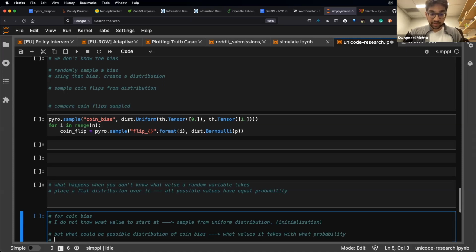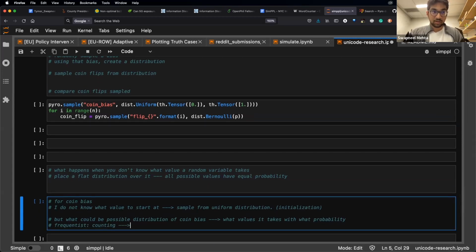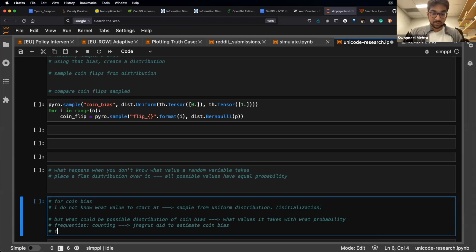In a frequentist way, counting is what Jagrut did to find the coin bias, or let's say to estimate the coin bias. But in the failure case, if you see all heads, counting will not tell you what the coin bias is correctly, because it will tell you the probability of tails is 0.